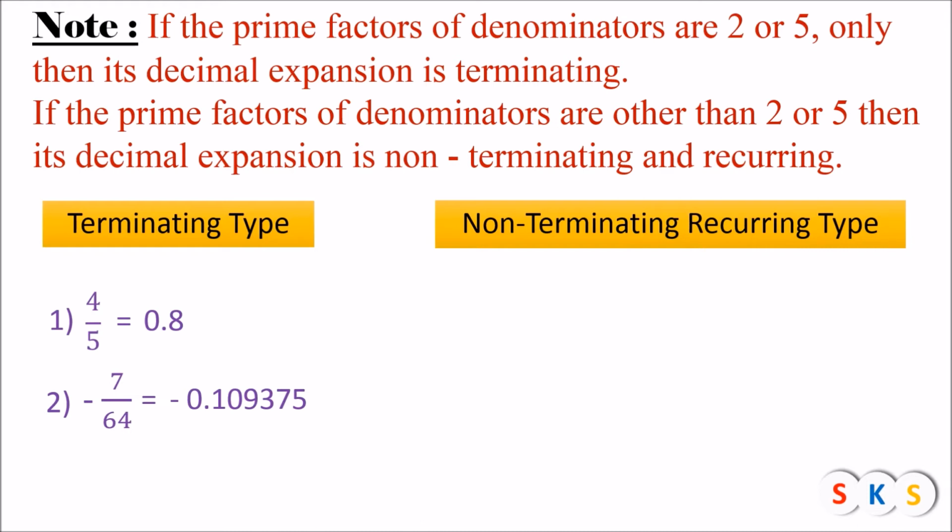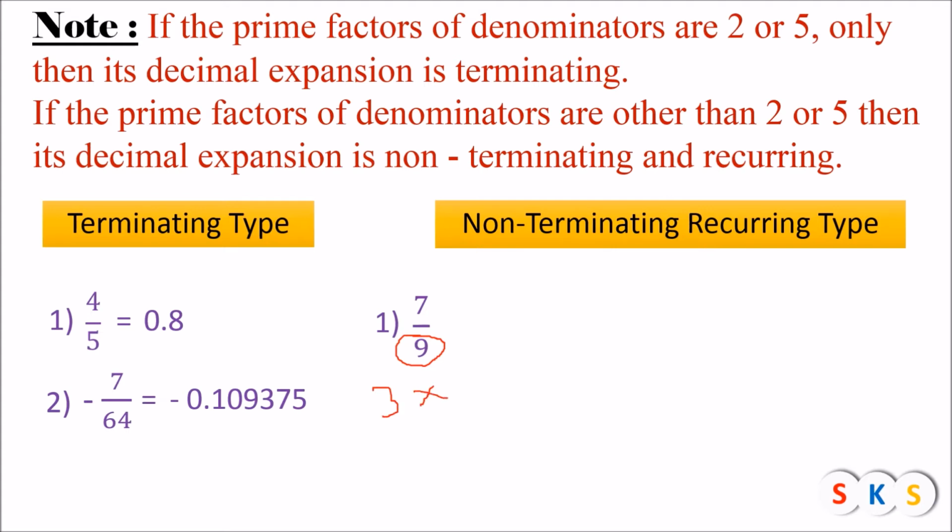Now we will see some examples of the non-terminating recurring type. Here we have the first fraction, 7 upon 9. The denominator of this fraction is 9, and the prime factor of 9 is 3 into 3.